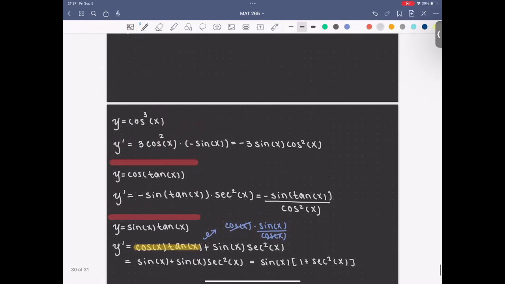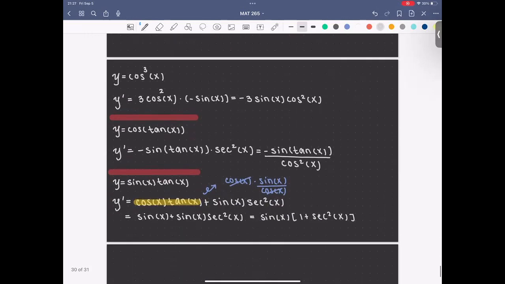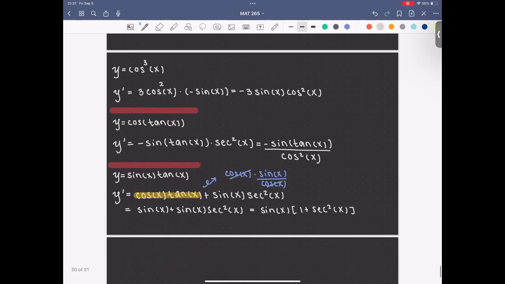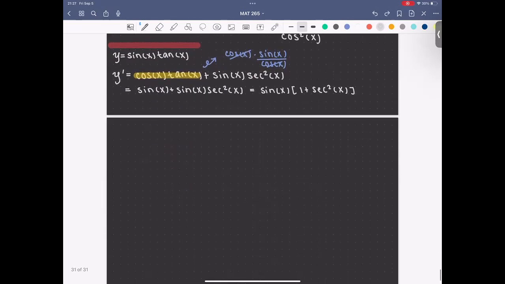So let's see. Sine of x plus tangent of x, secant of x. Let's see. Oh, I see what they want us to do. All right. So let's erase here. And I'll leave it actually. So that's one way. That's not quite what they wanted. Another way we could write this, so I'm going to go back to this equation.